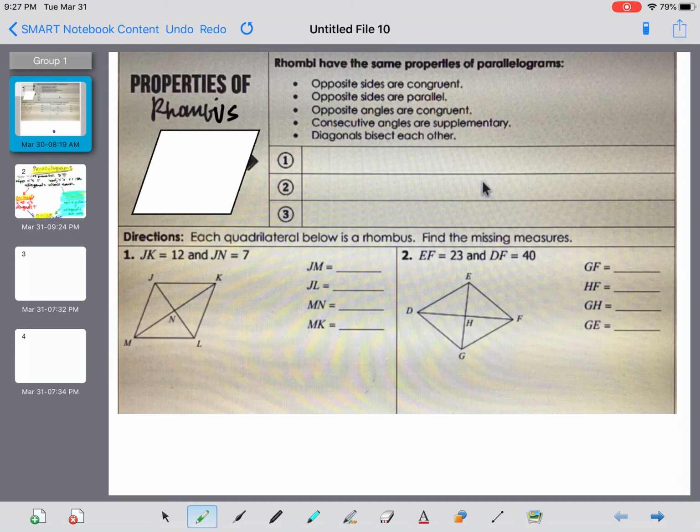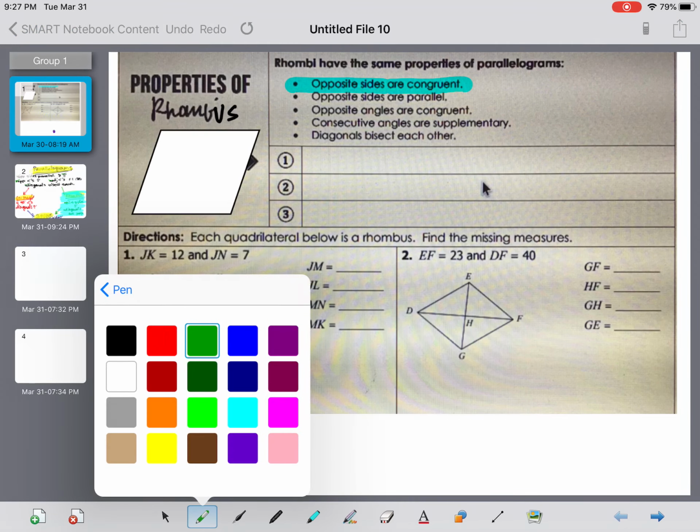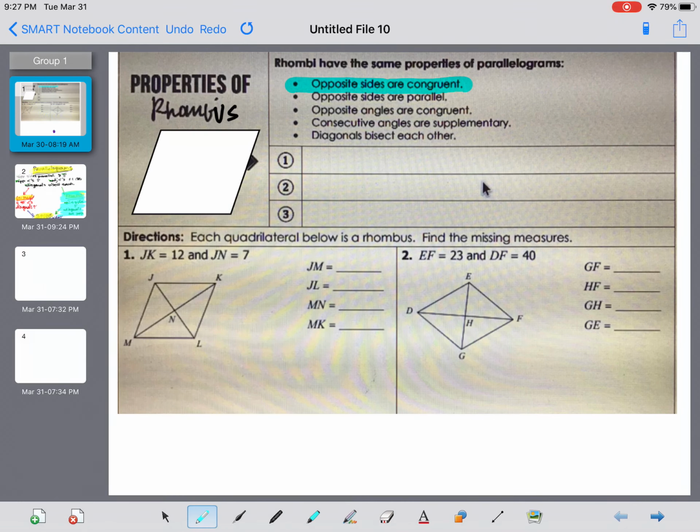Okay. So I'm going to mark this picture up. This is what a rhombus looks like, and let's talk about what those properties might look like on a rhombus. The first thing it says here is that opposite sides are congruent. In math talk, that looks like these 2 tick marks on the sides. So we know that those 2 sides are equal because they're opposite, and these 2 sides are equal because they're opposite.